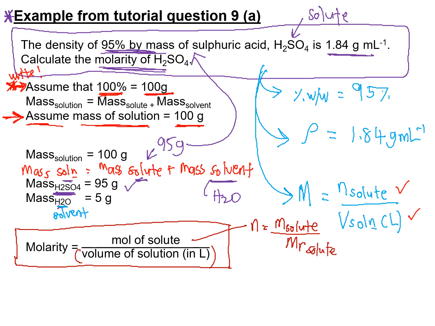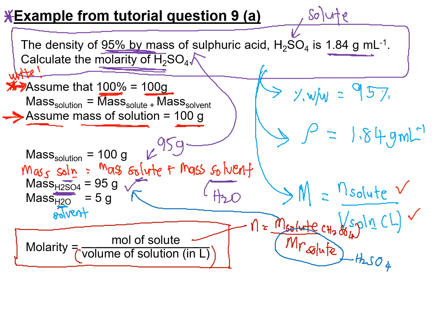Our solute here is H2SO4. Okay. So dah dapat belum mass of solute ni? Yes. Dah dapat dah, which is 95 gram. Yang tinggal hanyalah untuk kamu calculate the molar mass of H2SO4.